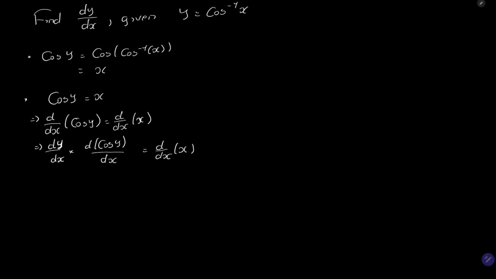Recalling the differentiation of trigonometric functions, it was well stated and well proven that the differentiation of cos x with respect to x gives us negative sine x.